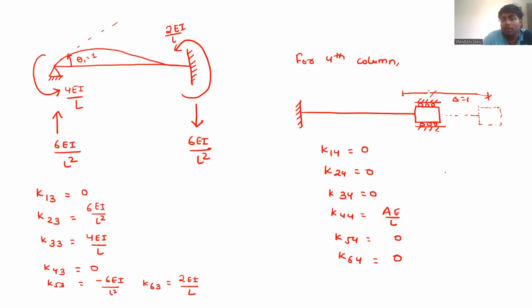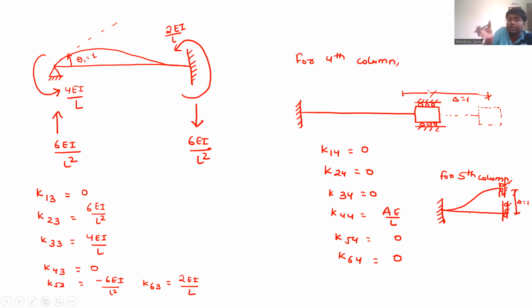Now, for the fifth column. For the fifth column, if you have to write, now it will be like this, and it will move upward by unit displacement delta equal to 1.